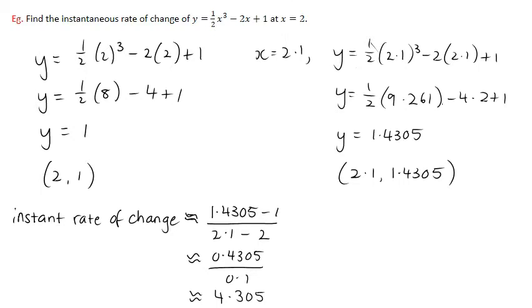So at the point x equals 2, you can say that for that cubic curve, for every increase of 1 unit in x, there is an increase of 4.305 units in y.